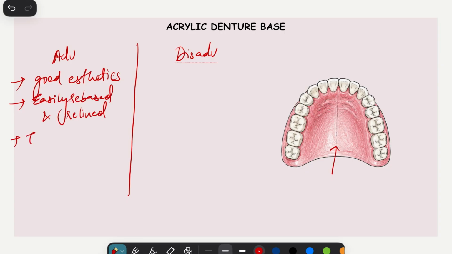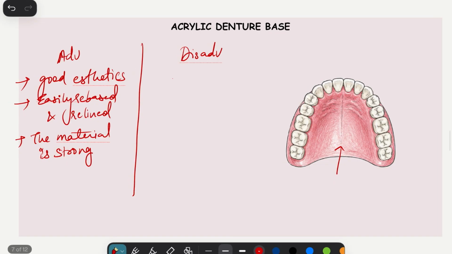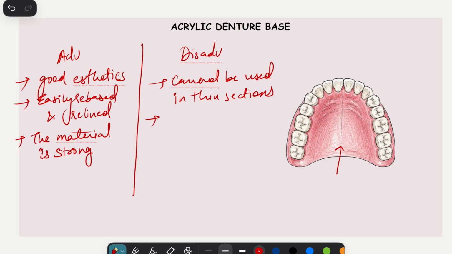Then the material is quite strong and can withstand normal occlusal forces. Now, the disadvantages. So, it cannot be used in thin sections. And hence it affects the speech of the patient.